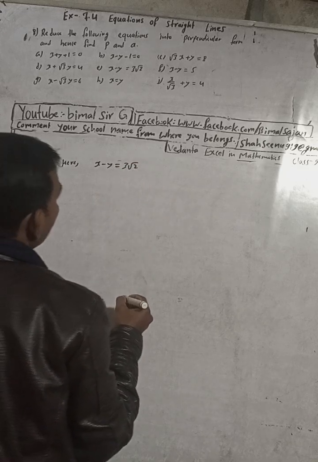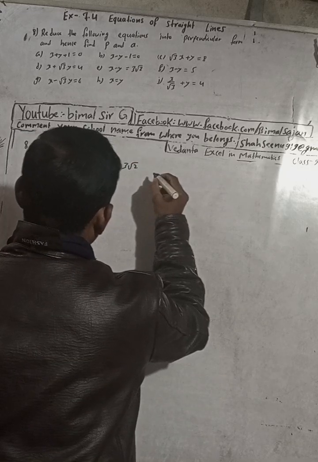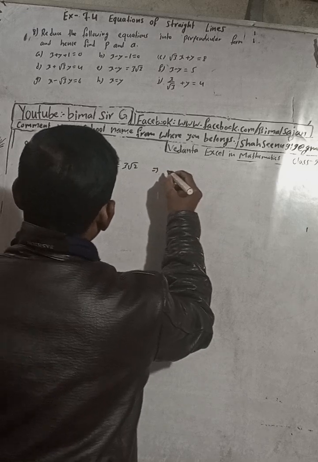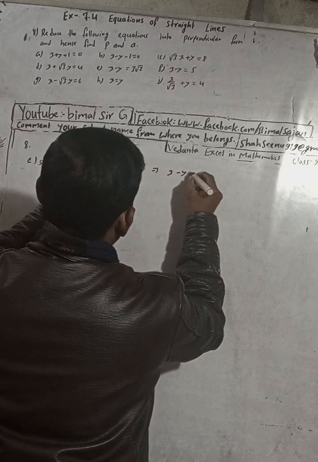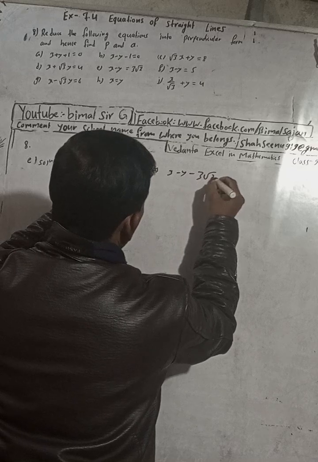This equation can be written as x minus y minus 3 root 2 is equal to 0.